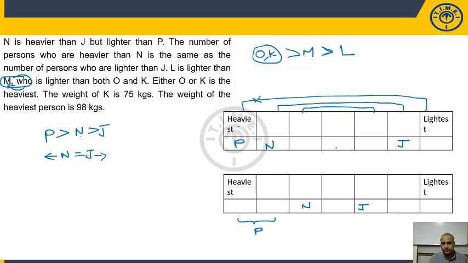Now in this case, after O and K, I have to place the M and L. So O and K cannot be the last two positions.